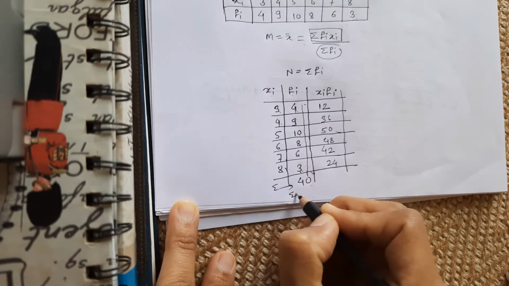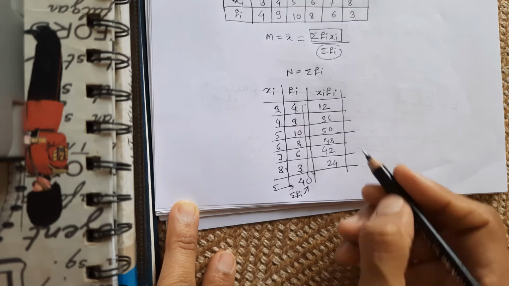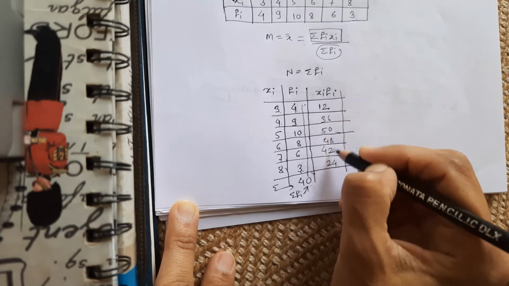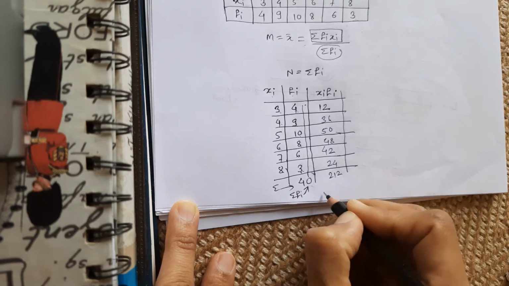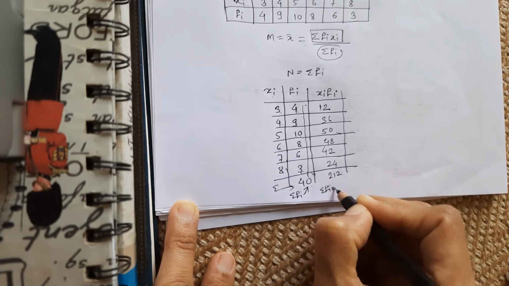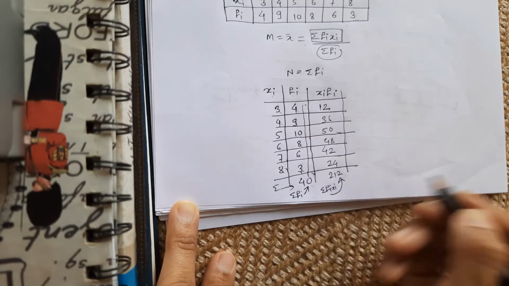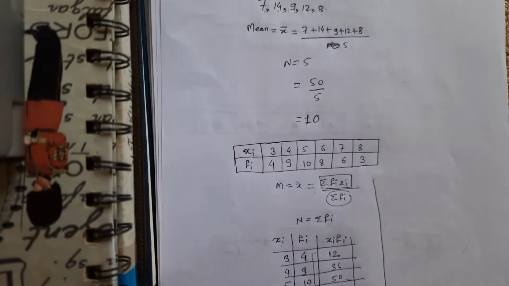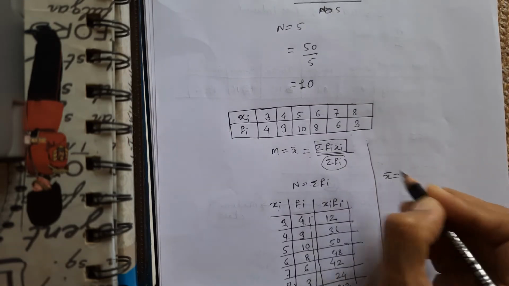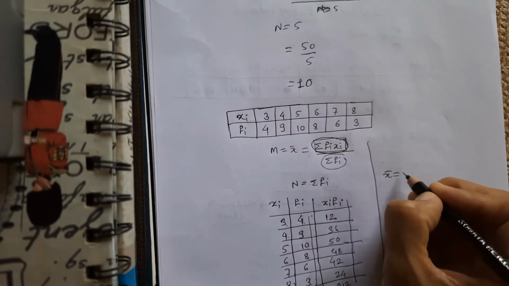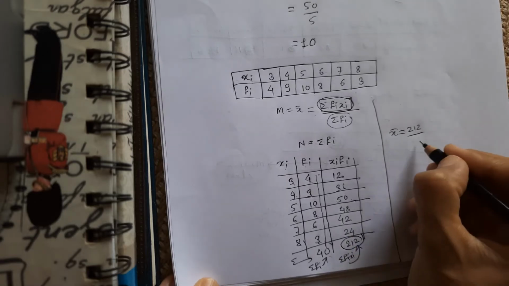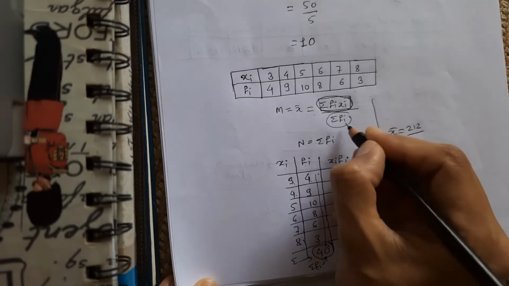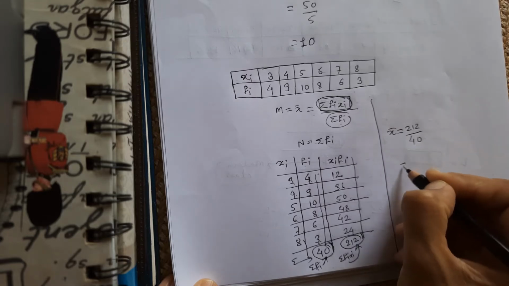This is nothing but the sum of fi. Now add 12 plus 36 and so on, add all these things, and we will get 212. This is nothing but the sum over fi xi. Now just substitute the values in the formula. I get x bar equal to 212 divided by the sum of fi, which is 40.